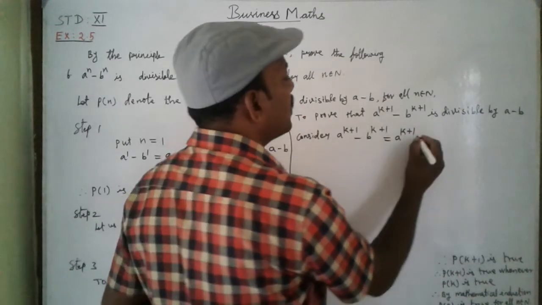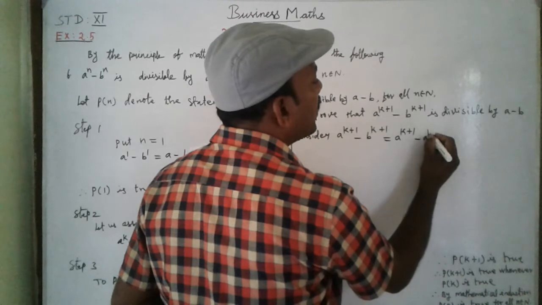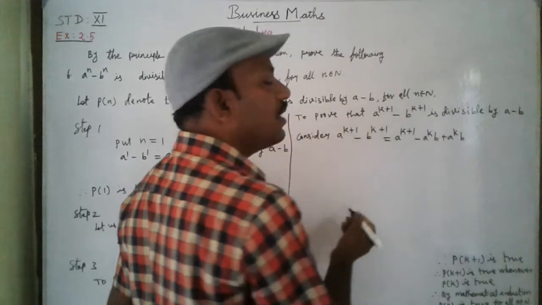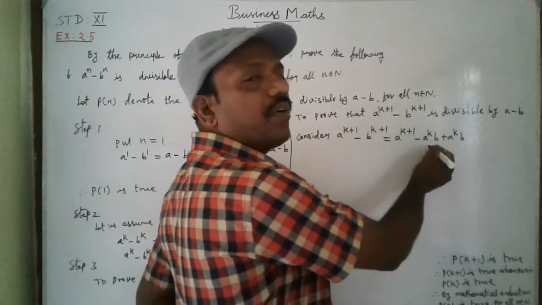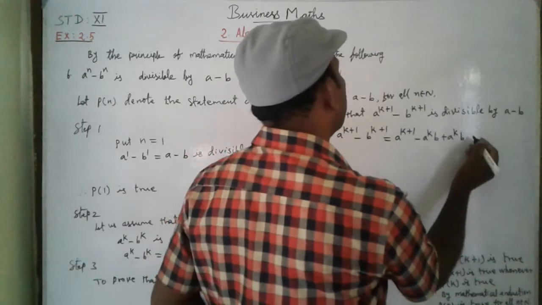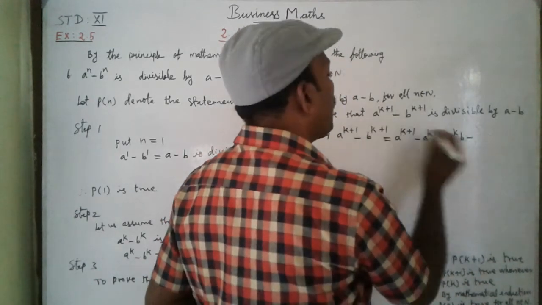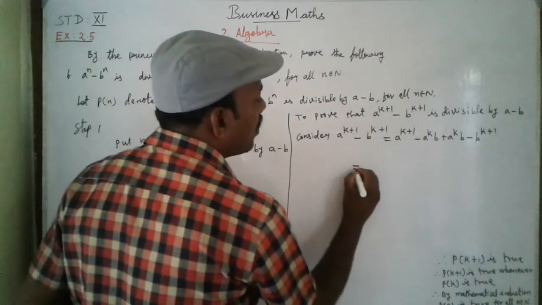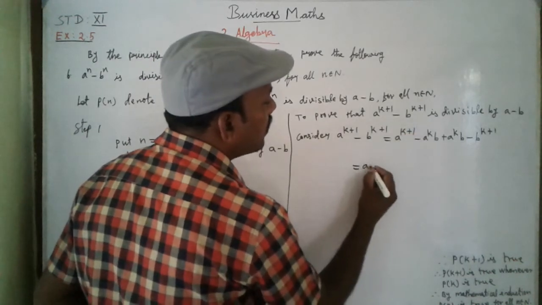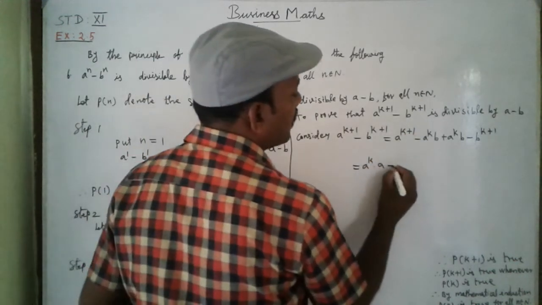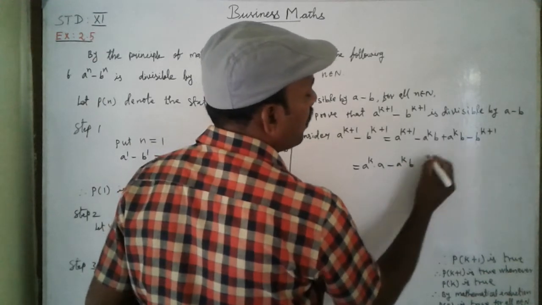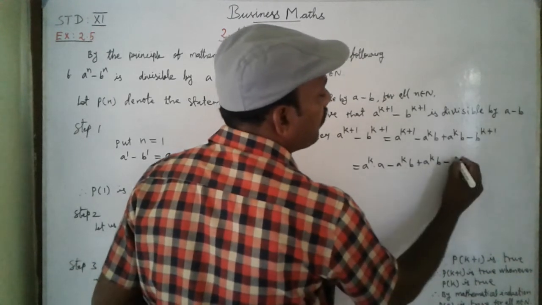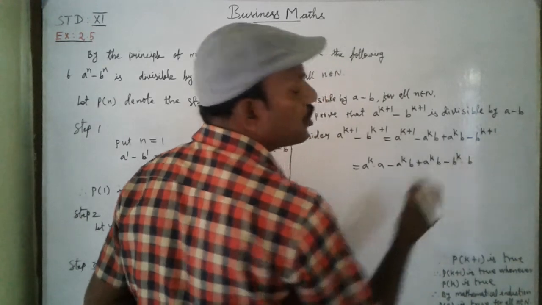We should add and subtract a power k into b, so we get a power k into a minus a power k into b plus a power k into b minus b power k plus 1, which is b power k into b.